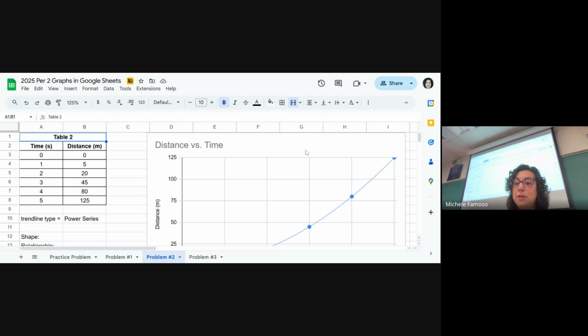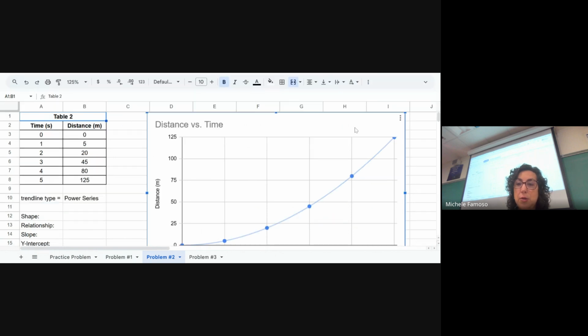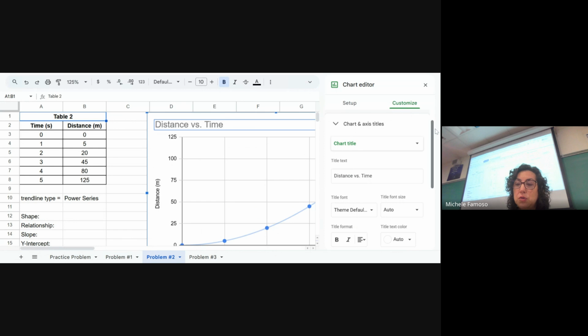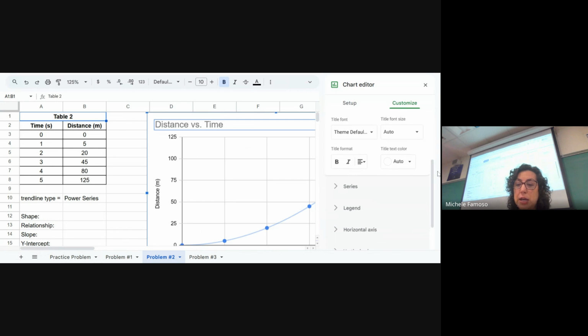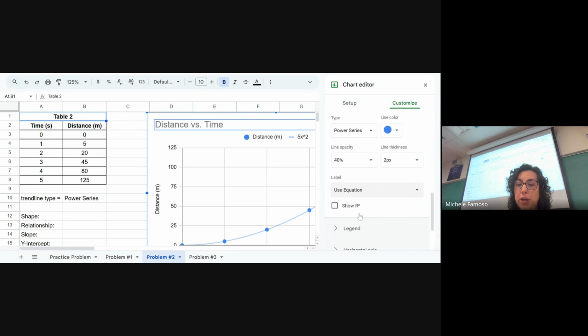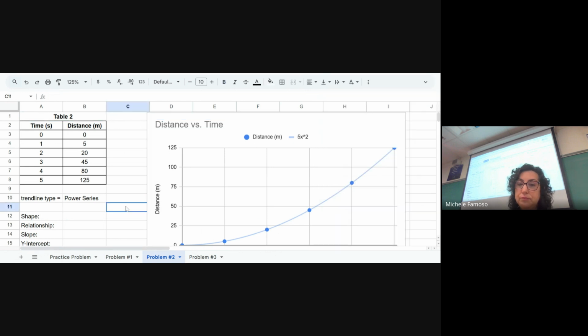Start by adding the equation to this graph, please. Double click on your graph, go to the Customize option, expand the Series submenu, and change the label from None to Use Equation. Okay, let's start typing in cell B12. What shape is this graph?